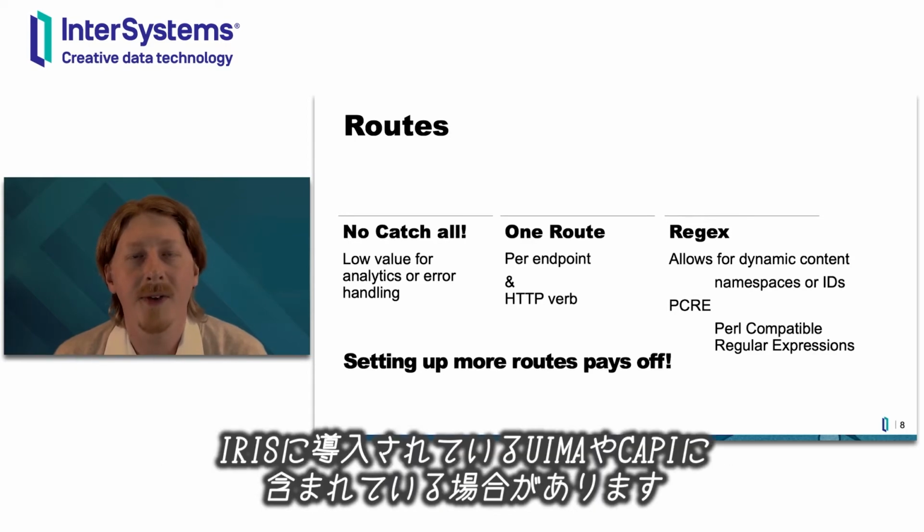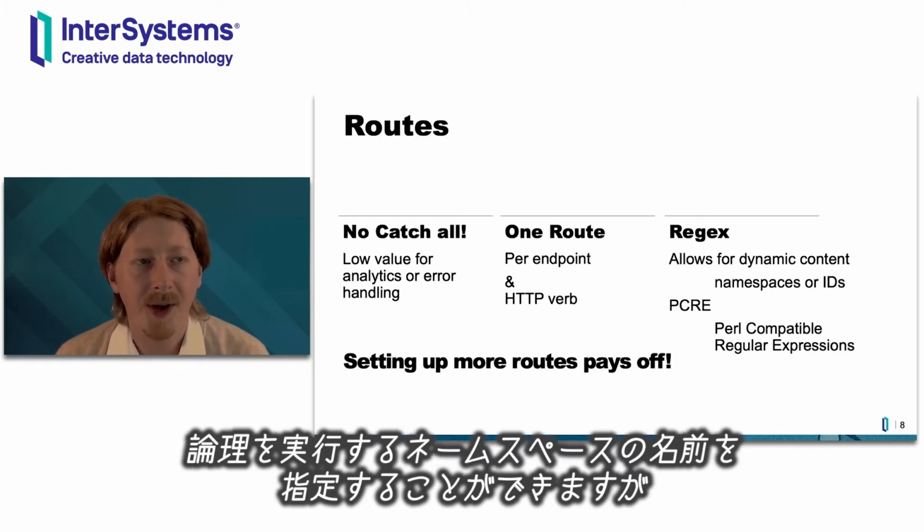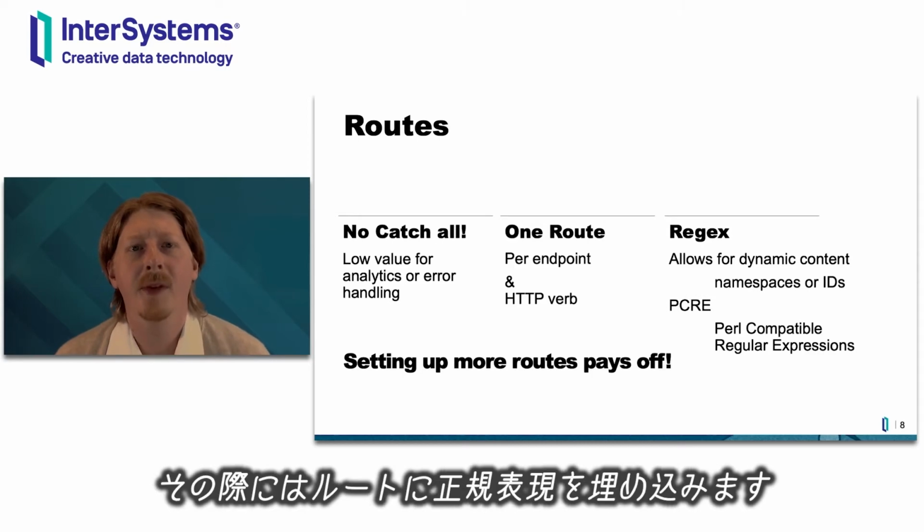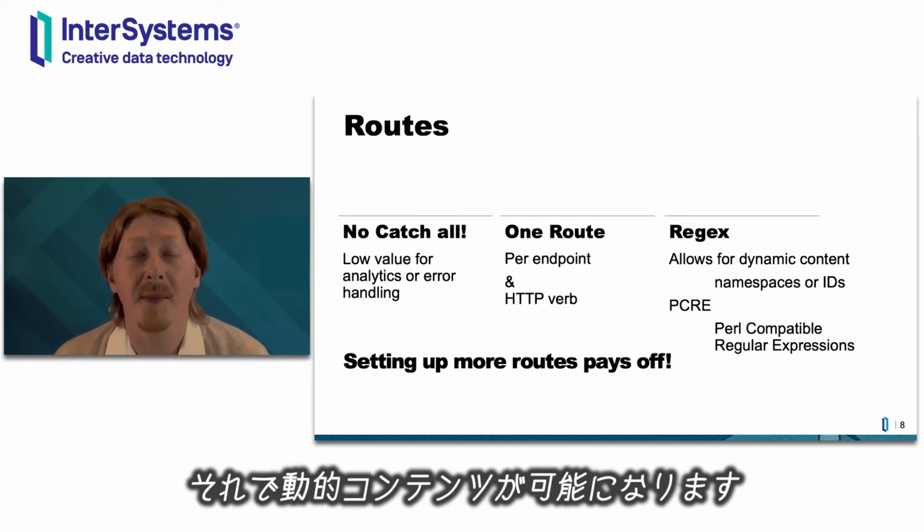Let's say we have this in the UEMA or the DeepC APIs that come with Iris. You can specify the name of the namespace that you want to run this logic on. And obviously, this is dynamic content within the URI. The way you deal with this is by embedding a regular expression, a regex, into the route. And this allows for dynamic content.